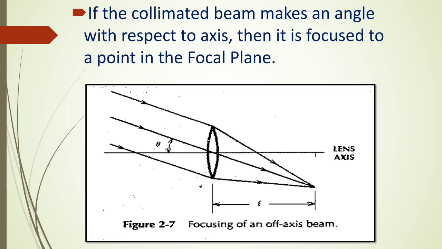If this collimated beam of light makes an angle with respect to the axis, then this collimated beam of light is focused to a point in the focal plane. And this point is located in the focal plane.